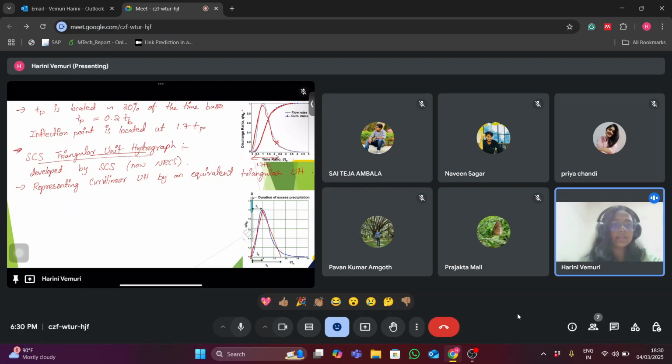We are doing this because it eases the calculation problem. It's also easy to draw straight lines compared to the curvilinear unit hydrograph, because if we know the slope of these two lines, then we can estimate the values at each and every point of the time step. So it provides a practical and efficient way to analyze, and we can get the runoff at different points of the time step.